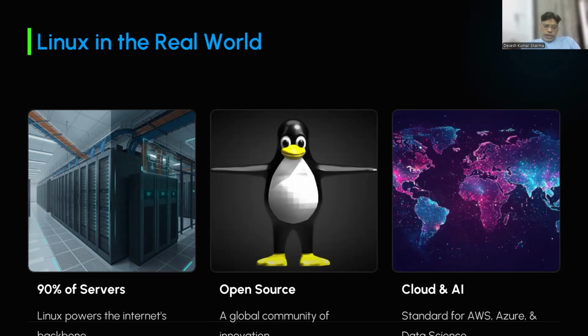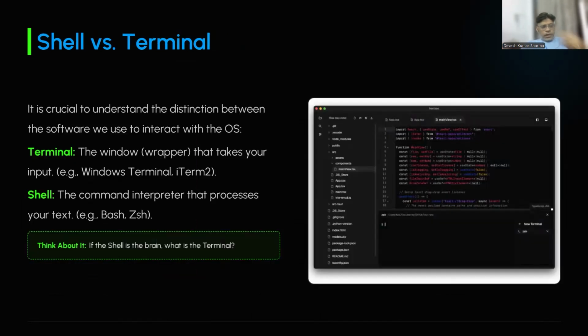Now we have the shell versus the terminal. Till now you might have a misconception about the difference between the shell and the terminal. Let us clear up a major point. Think of the terminal as the body.